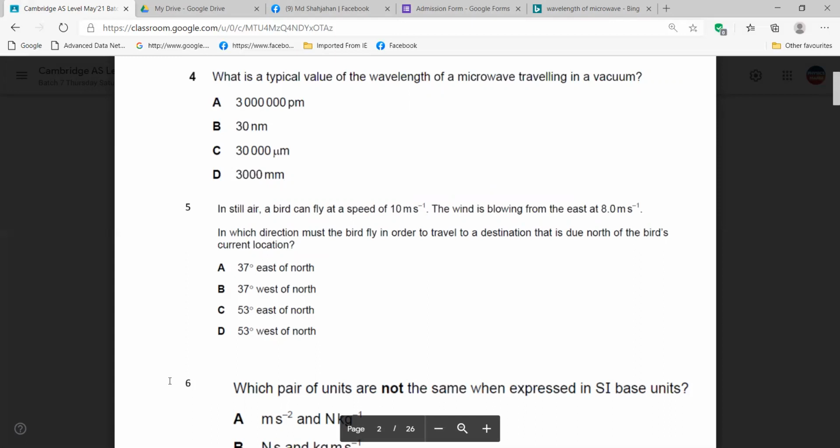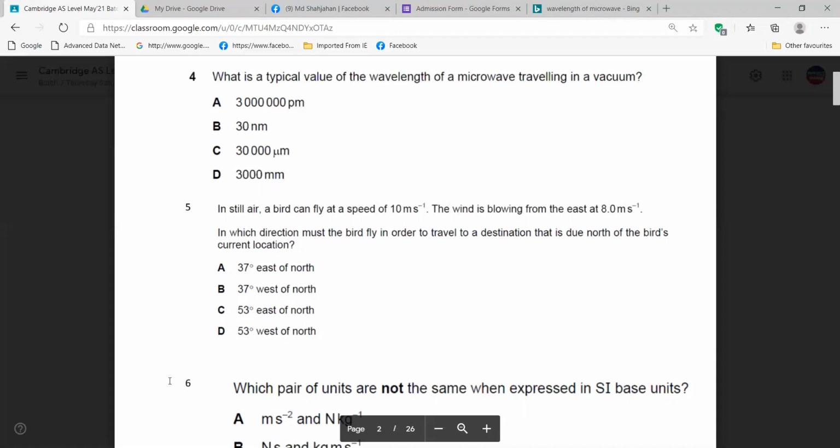In which direction must the bird fly in order to travel to a destination that is due north of the bird's current location?